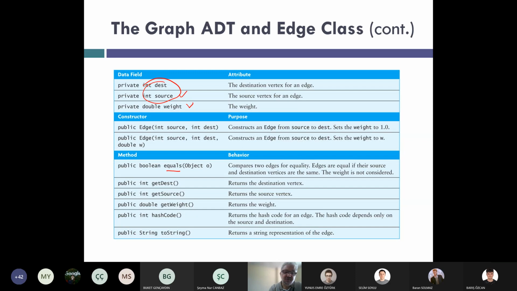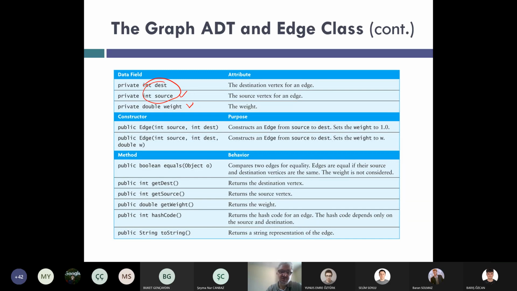And hashCode, of course, shouldn't use weight in its calculation. It should depend on only source and destination. Since if two edges are equal, their hash codes should be equal as well.